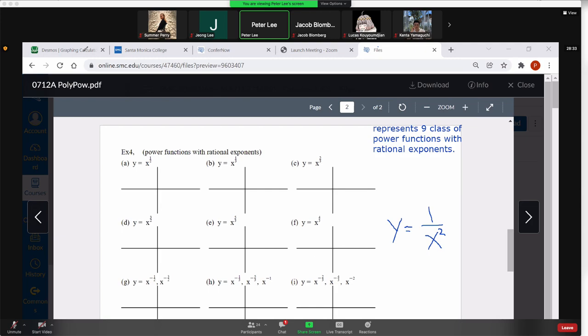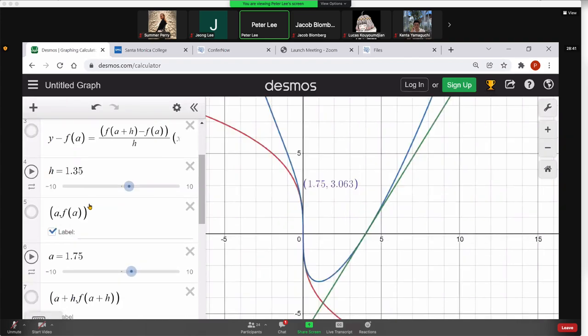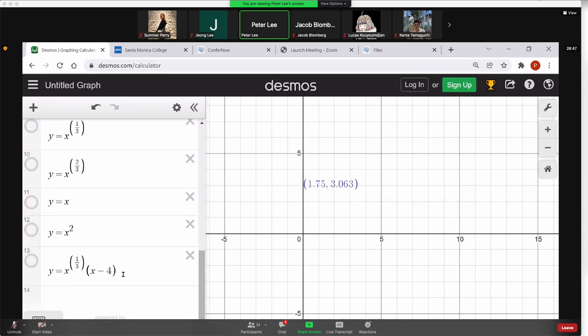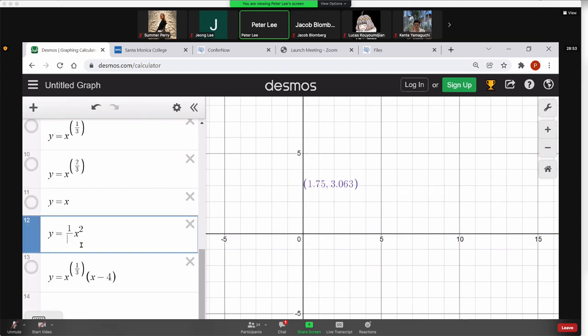Let me clear this. What is the graph of the volcano? Let me go back here, unflip it, and erase all of these here. And what I'll do is this here, 1/x. Oops, that's squared.